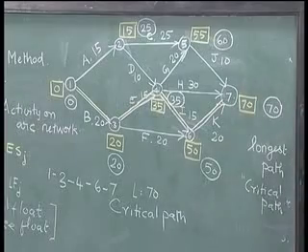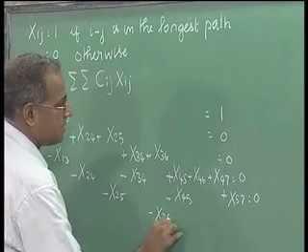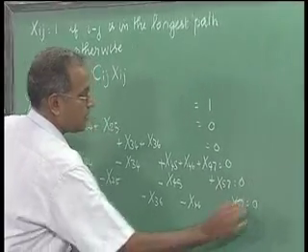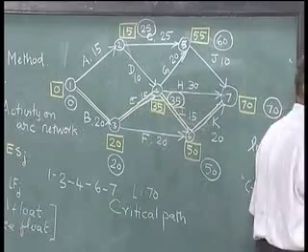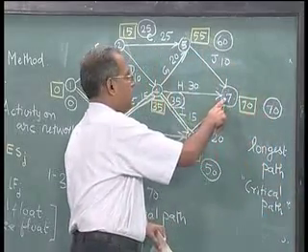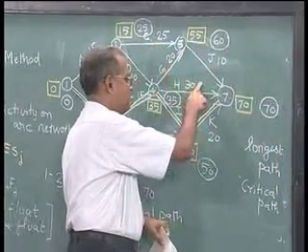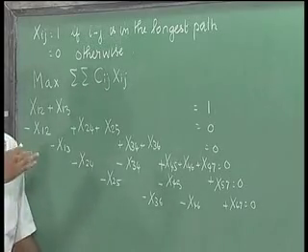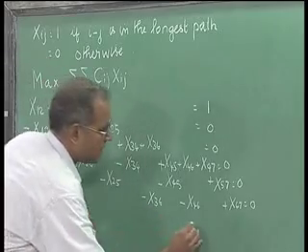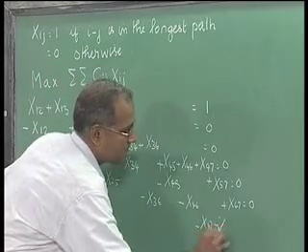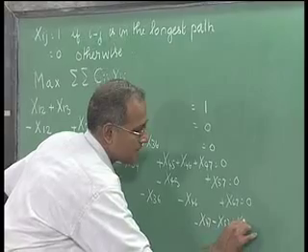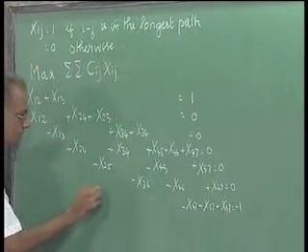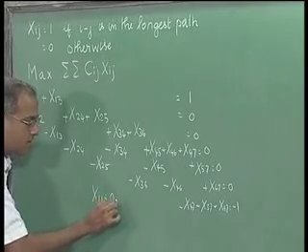For 6 we have minus x36 minus x46 plus x67 equal to 0, and for 7, which is the end node, we have minus x57 minus x47 minus x67 is equal to minus 1, because the longest path should end at 7. So, these are the equations for this. Then we have xij equal to 0 1.